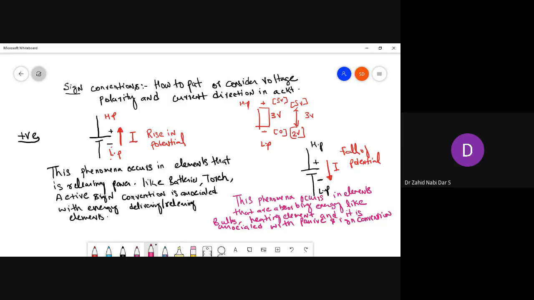And what we will do is that this is a fall of potential. Whenever we have to consider, let's consider this as negative, in a circuit.